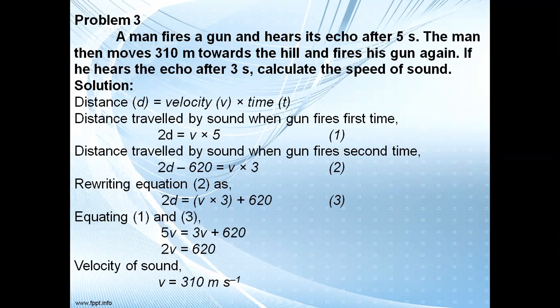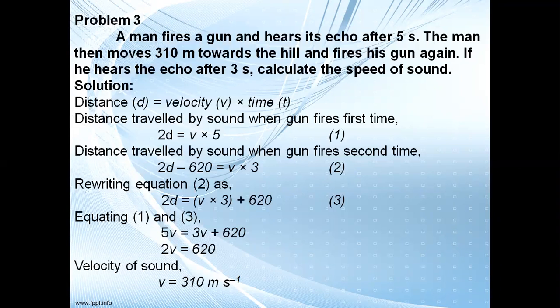This is the first equation. The distance traveled by sound when the gun fires the second time is 2d minus 620 equals v into 3. So the second equation, rewriting: 2d equals v into 3 plus 620.